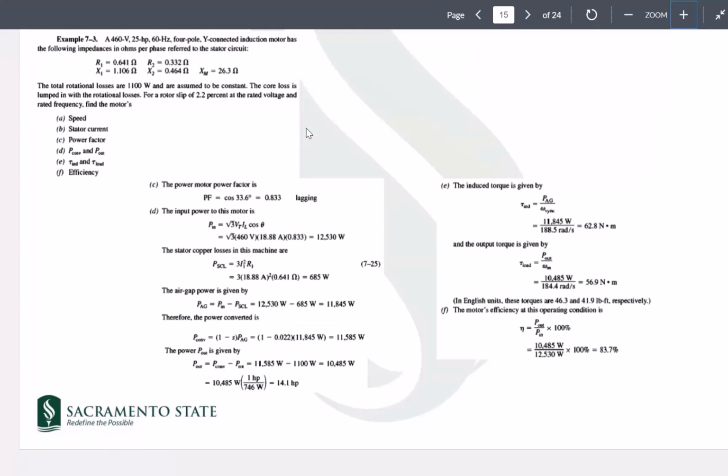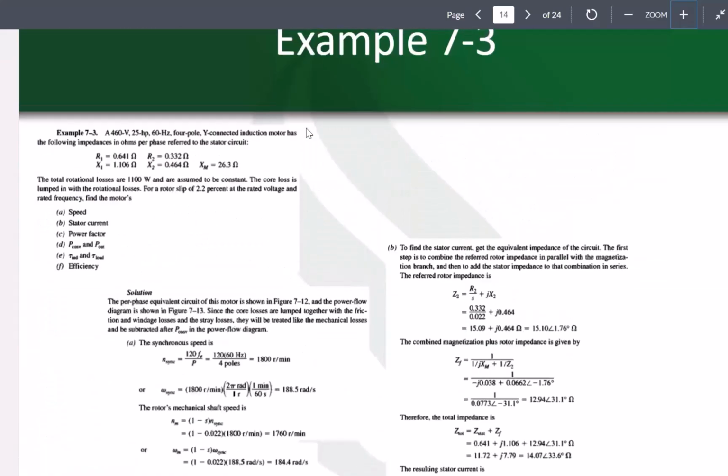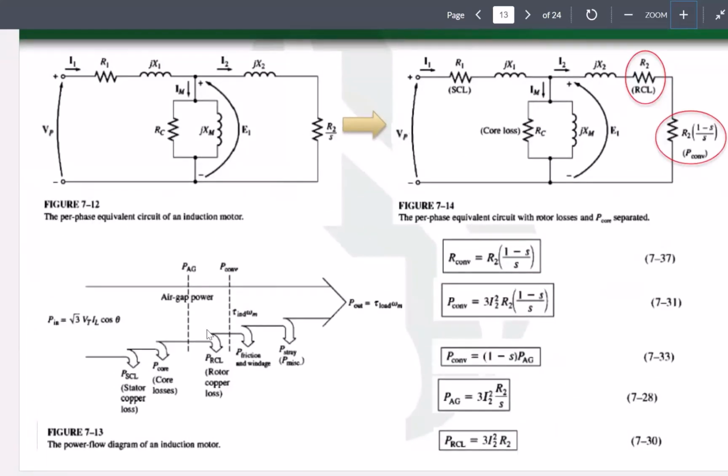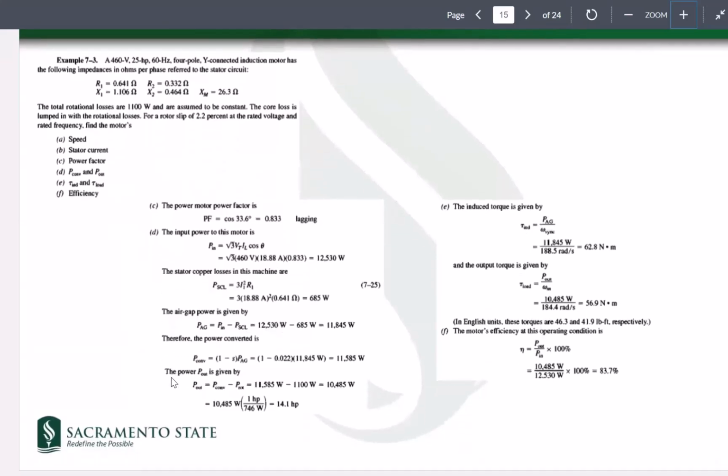And now it asks for the P converted and P out. So where was P converted? Let's go back here. P converted was P air gap minus basically the rotor copper losses. And P air gap was input power minus stator plus core losses. So the input power is found, then the stator copper losses.